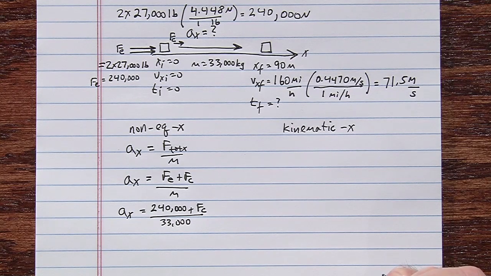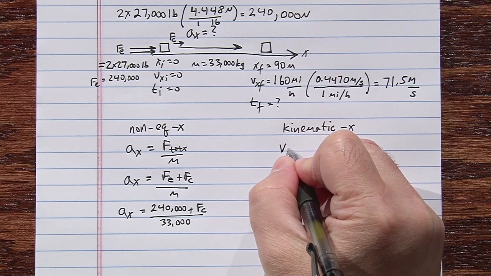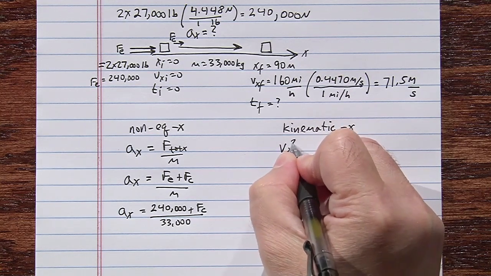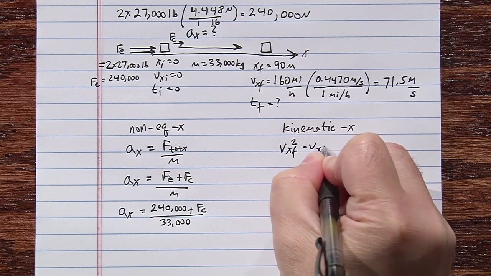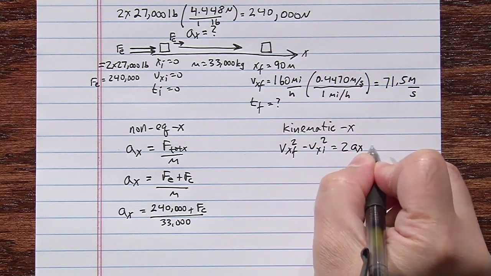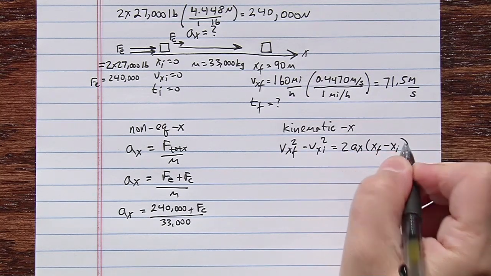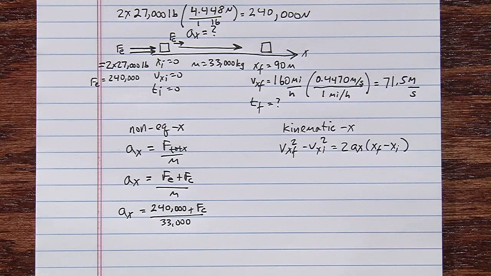And we choose our equation that doesn't have time in it because we're not asked about time. We don't need to know time. So we need our kinematic equation without time in it, which is Vx final squared minus Vx initial squared is equal to 2ax times (x final minus x initial).